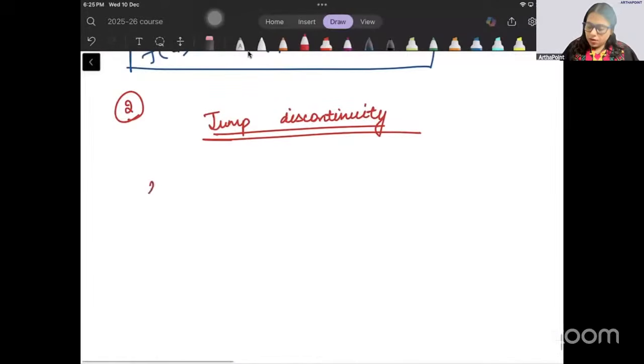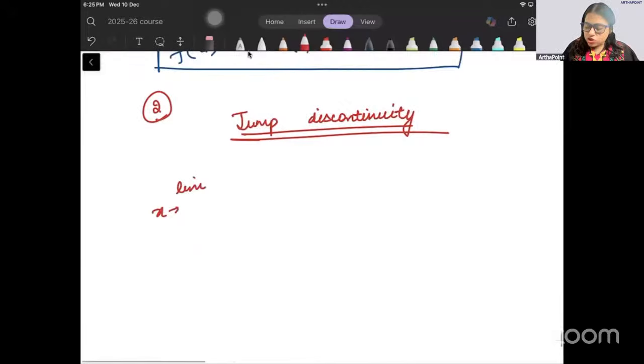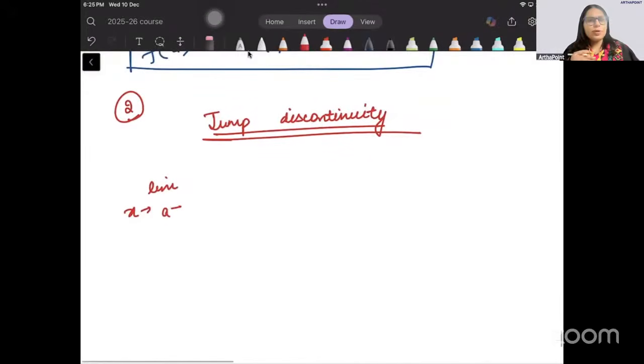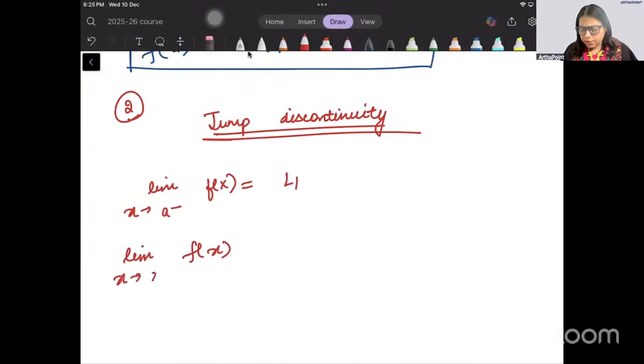Limit x tends to a minus, when I approach the number from the left hand side, I get L1. And when I approach the number from the right hand side, I get L2. And L1 is not equal to L2. Right? It's a typical step function that you get.